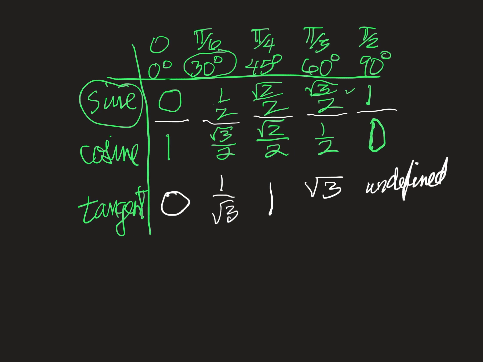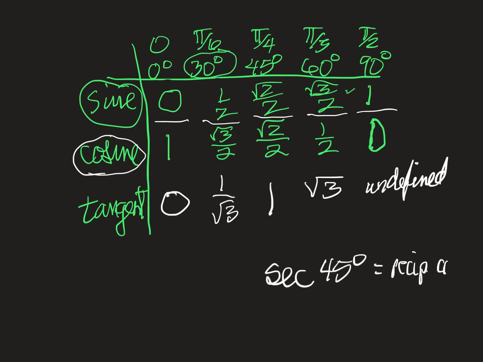All right? Now, since I have made this part of the table, how do I use this table? What if somebody comes up to me and they say, gosh, what is the secant of 45 degrees? Well, then I go, secant is the reciprocal of cosine. So it's the reciprocal of cosine of 45 degrees.